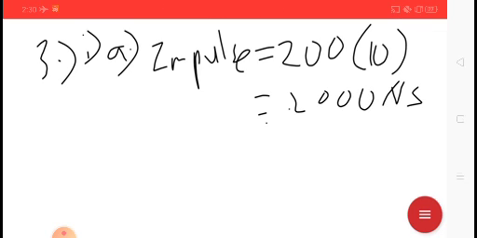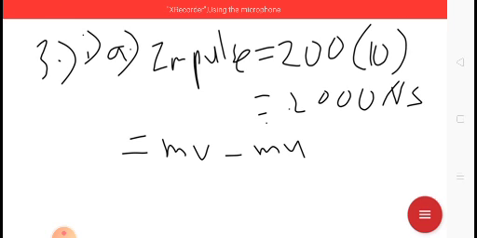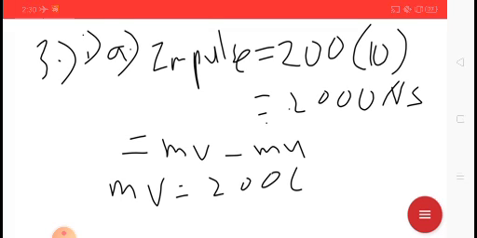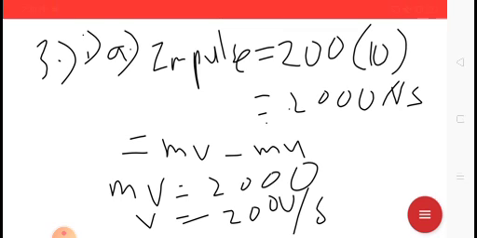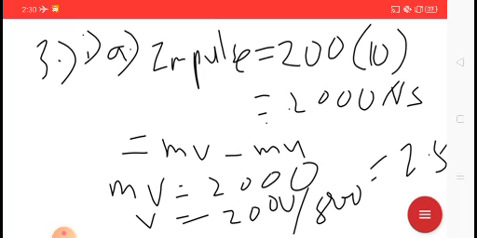The car starts from rest, so the change in momentum will be mv minus mu. So u is 0, so mv is equal to 2000. So v will be equal to 2000 over 800, which is 2.5. So v is equal to 2.5 meters per second, the speed.